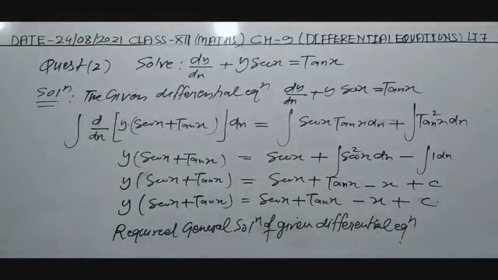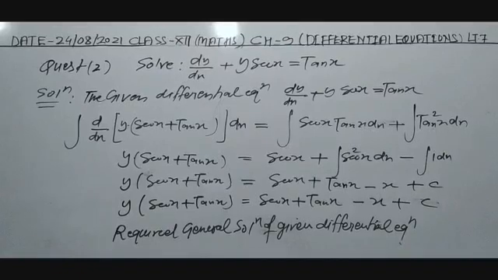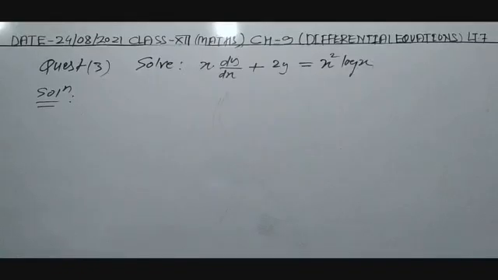Now this question is completed. Now come to the next question. The next question is question number 3. Solve the differential equation x times dy by dx plus 2y is equal to x square log of x. So first of all we have to make the coefficient of dy by dx 1.